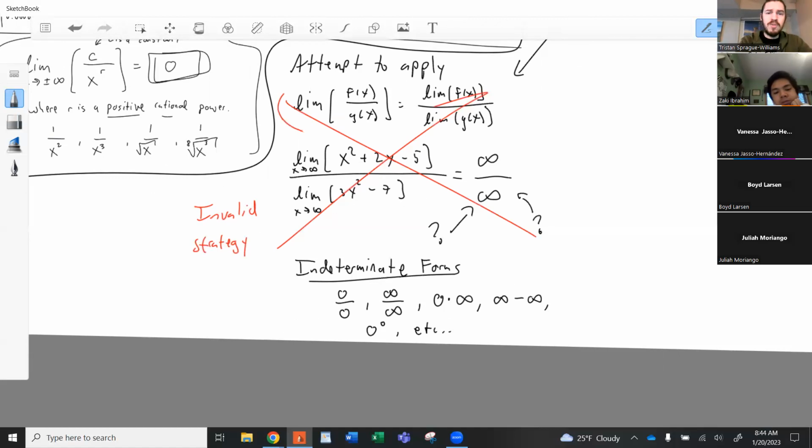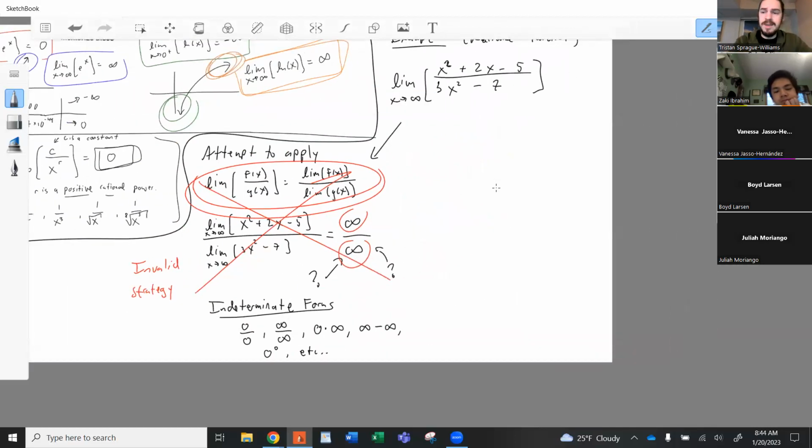And the property that we were trying to use did say you can use this provided the limit of the numerator and the limit of the denominator both individually exist. But if the limits are infinity, technically that means the limit doesn't exist, right? So it wasn't really valid to begin with to even try to do that.